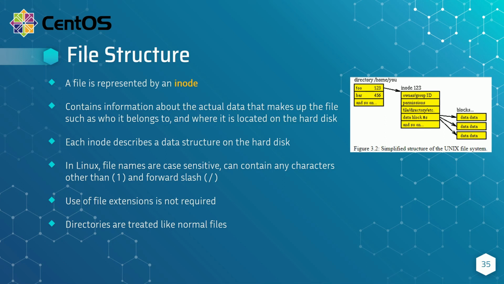It describes the data structure on the hard disk, and file names in Linux are case sensitive and can contain any characters other than the null character and the /. Use of file extensions is not required, although it is generally used just to know what kind of file it is by looking at the name. Directories are treated like normal files, and we'll see that in the next slide.